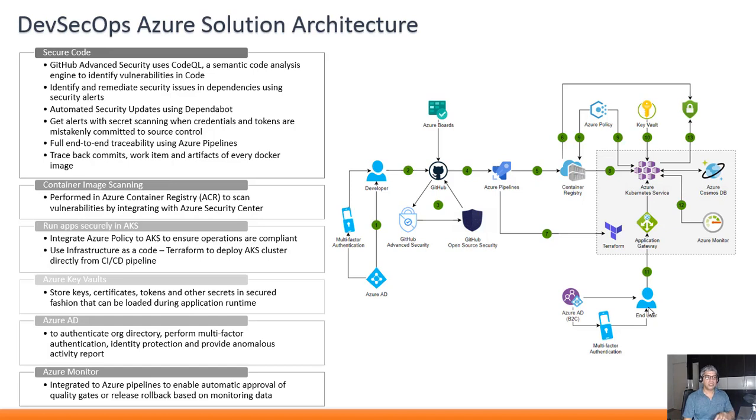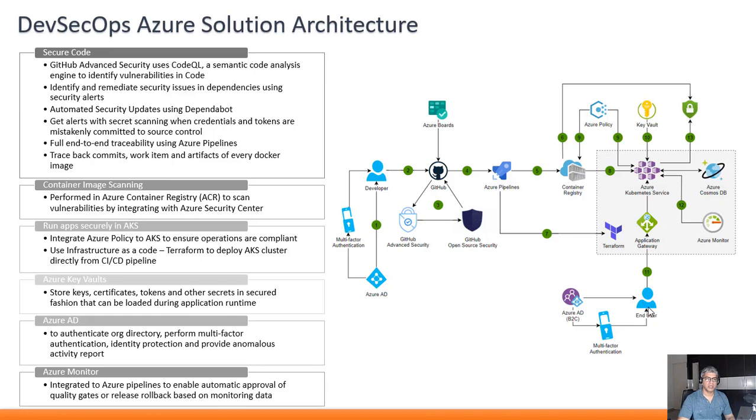Last but not least, this is one of the Azure solution architectures for implementing DevSecOps. You can get it from the Azure documentation. It gives you some highlights of what can be done if you are building in that architecture in Azure. Again, components can be different.